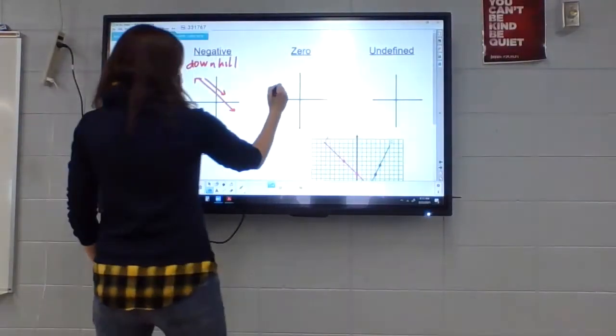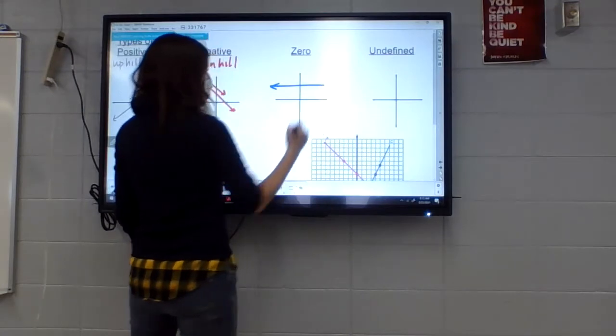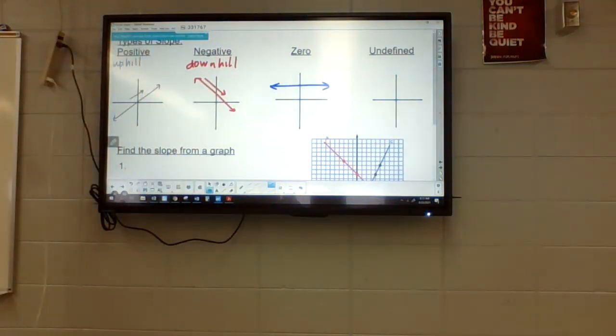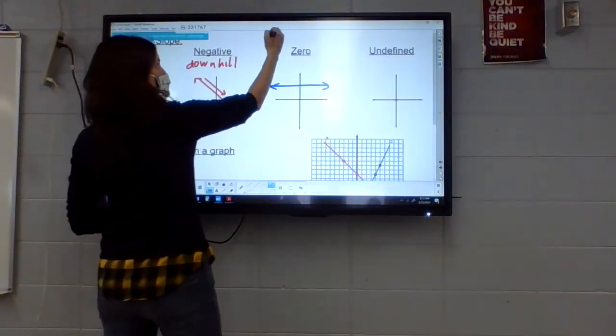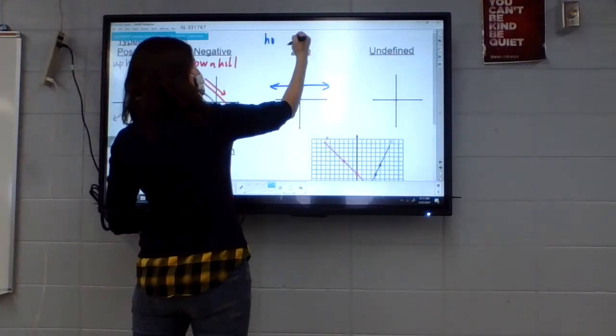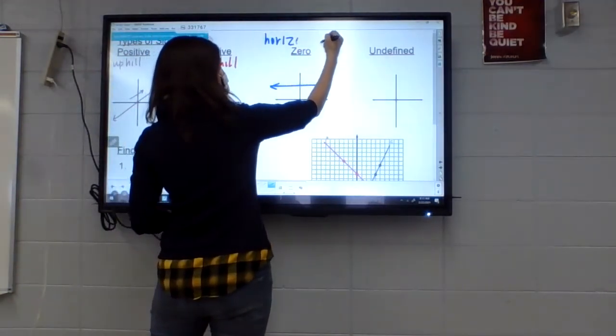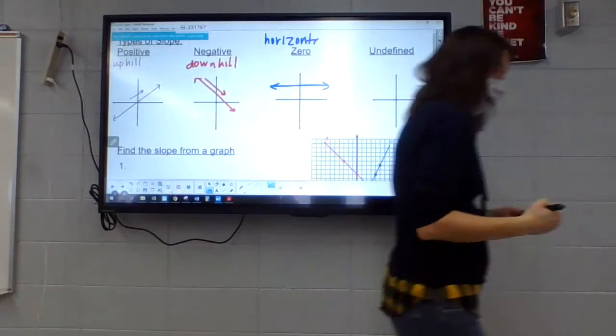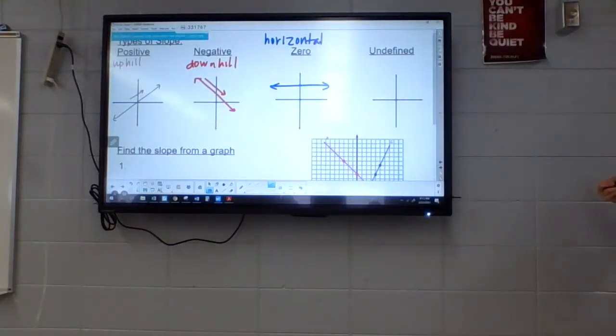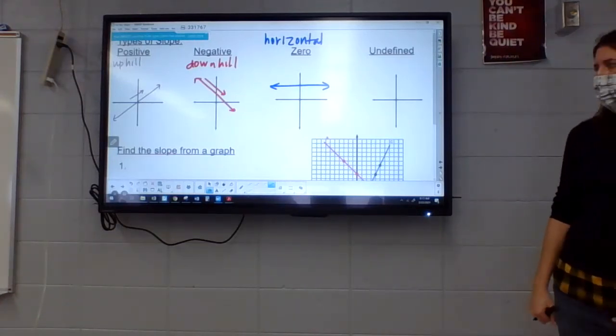It'd be zero fun if it's just a flat line. So you might want to write horizontal there. And one of the things we'll talk about is where the zero shows up in the fraction. We'll talk about that in a little bit. So I left a little more space there.